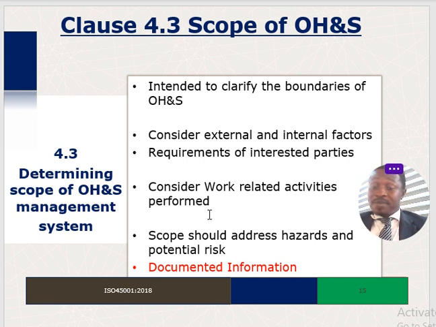No. Make sure the scope addresses all possible hazards and potential risks in your operation, and this should be documented information. So once auditors come to audit you for ISO 45001, you are expected to provide documented information of the scope of your management system. So that is this.